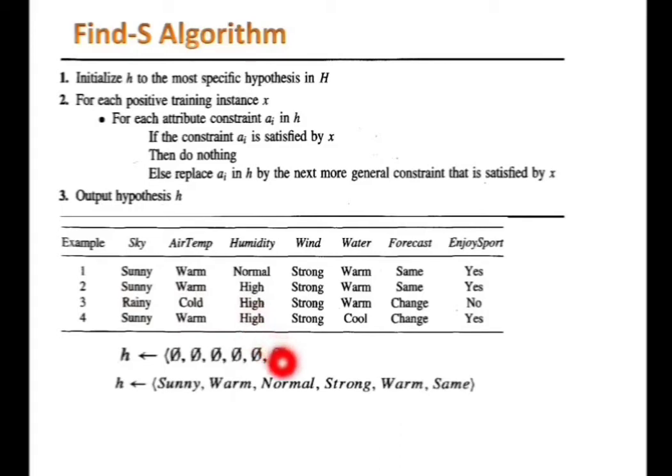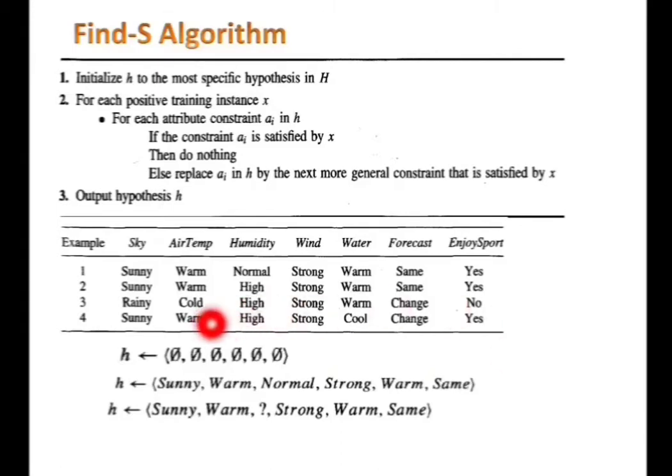Here for the third attribute the example has the value high, whereas our hypothesis has the value normal. Because both the first and second examples are positive, for the third attribute humidity, normal or high values should be accepted. So in the new hypothesis, this third attribute value should be changed to a question mark. The rest of the attributes are similar to the previous hypothesis, so we retain them.